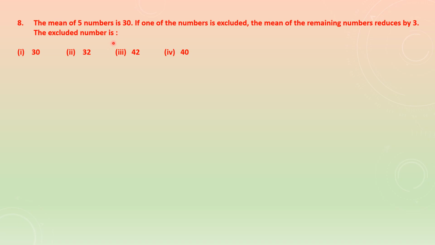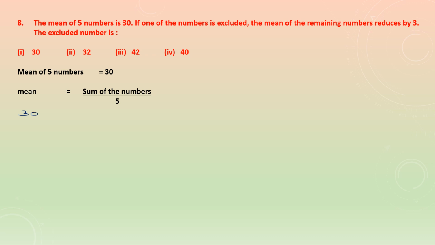So let's begin by saying mean of 5 numbers is given to us. Now with the help of the formula for mean, we are going to find the sum of these 5 numbers. So what is the formula? Mean is sum of the numbers by 5, since there are 5 numbers. So the mean is already given to us, the mean is 30.